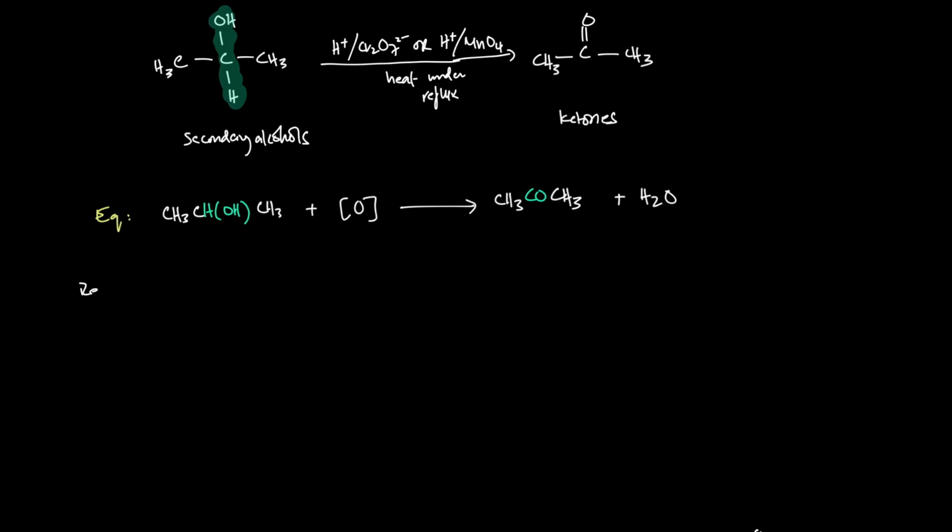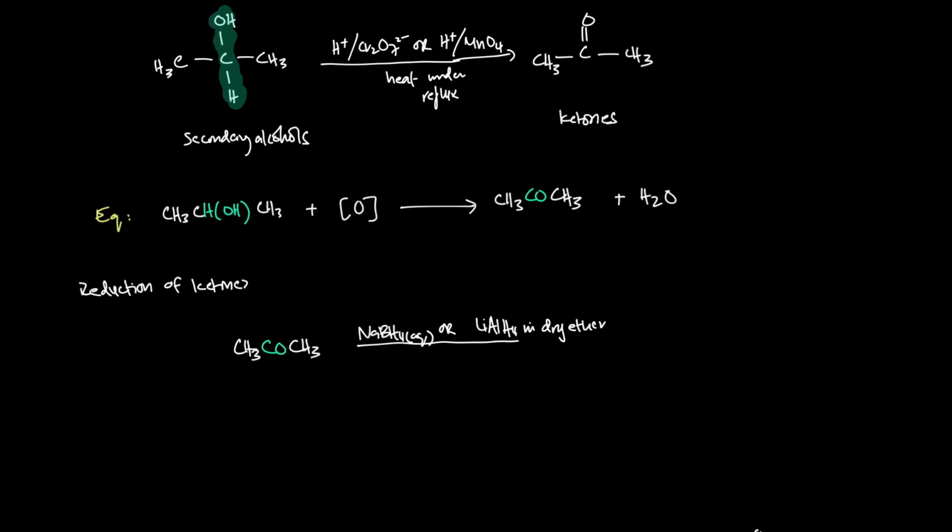Now you can also reduce a ketone. Let's just take this ketone only. Again, I can use aqueous NaBH4, or I can use lithium aluminum hydride, LiAlH4, in dry ether.